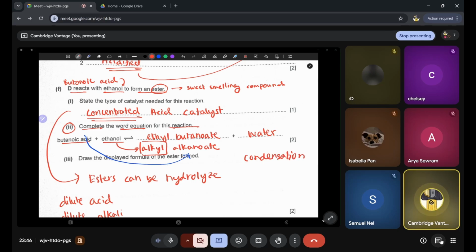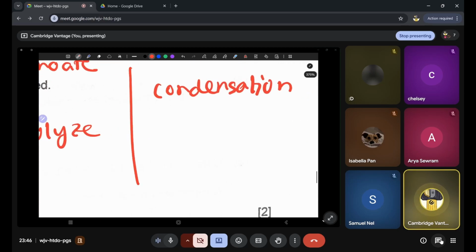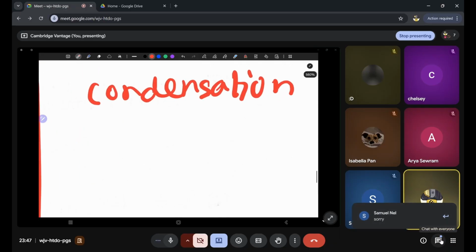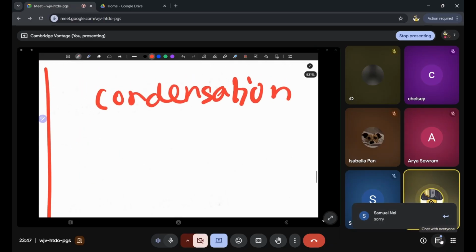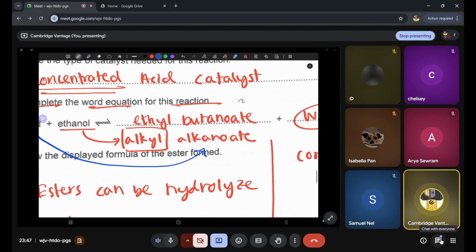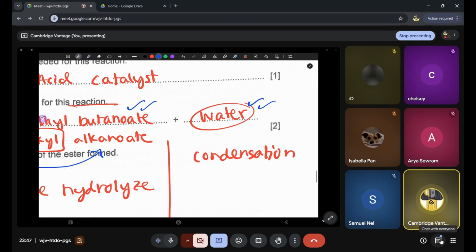Now, before we go to the next part, I want to discuss a bit more, since some students did have confusions regarding esters. Well, that's fine, Samuel. So it's a condensation reaction. How do we know whether a reaction is condensation, addition, substitution, or any of the others? A condensation reaction always has a small molecule produced at the end of the reaction. So yes, you have your ester, but you also have a small molecule.